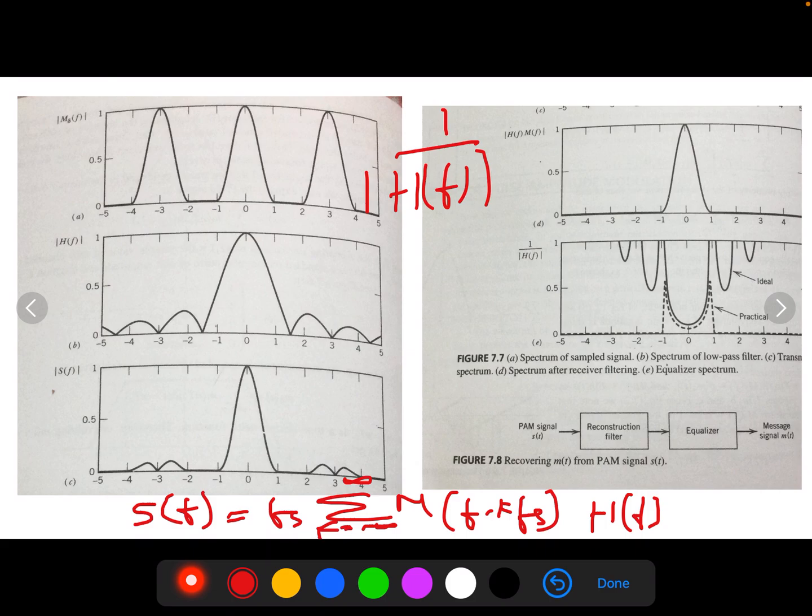The sampling theorem provides the basis for transmitting the information contained in the band limited message signal m of t as a sequence of samples of m of t taken uniformly at a rate that is usually greater than the Nyquist criterion. The important feature you need to note in the sampling process is conservation of time.